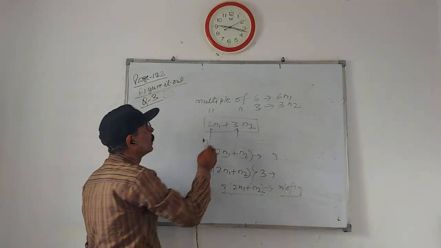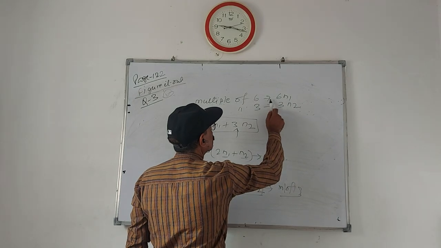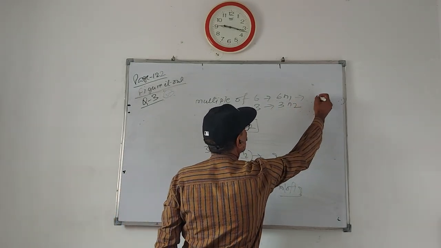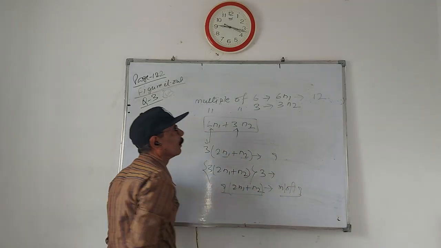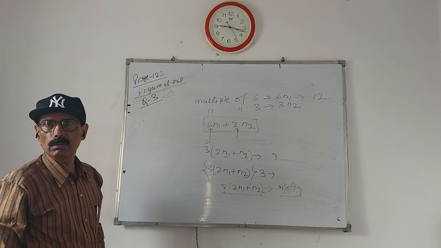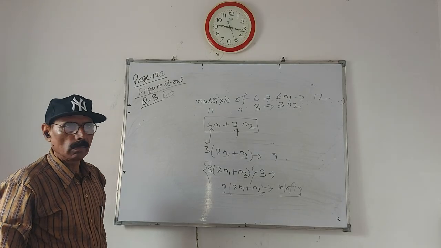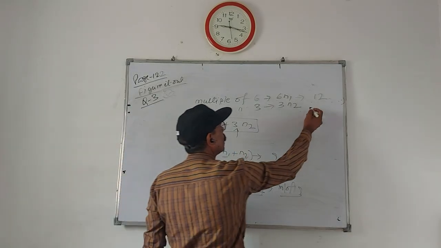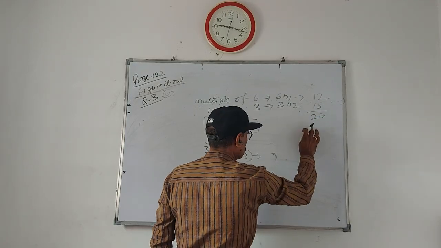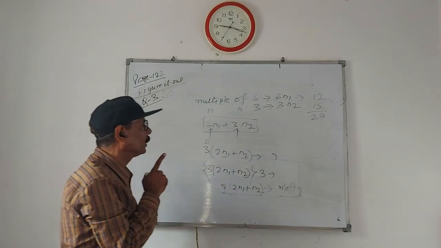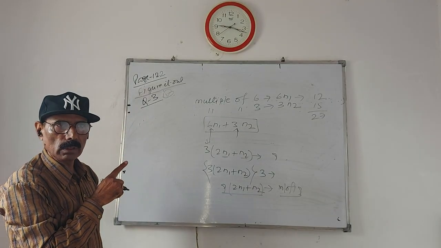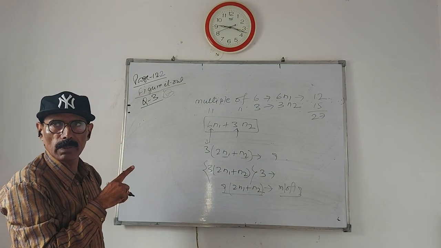The example: take any multiple of 6, say 12, and a multiple of 3, suppose 15. Here 12 plus 15 is 27, which is a multiple of 9, since 9 times 3 is 27.